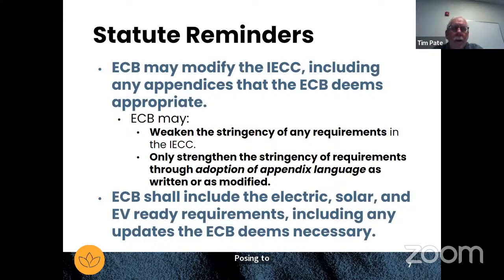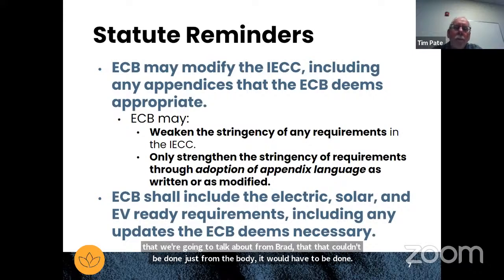So now I understand, and that helps me clarify it, that the only way the board could do that is if there was appendix language that would work, either bringing the entire appendix in, which I think some of these are being proposed to do, or finding one of the appendices that has, say, language like strengthening insulation and fenestration, one of the first ones that we're going to talk about from Brad. That couldn't be done just from the body. It would have to be done from appendix language and then brought in somehow.